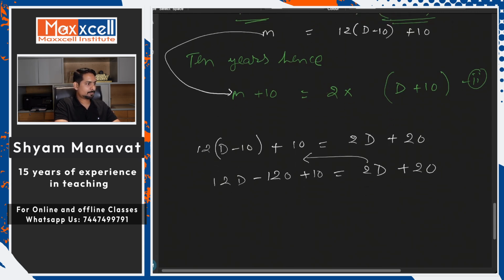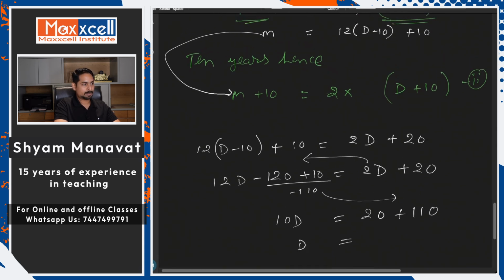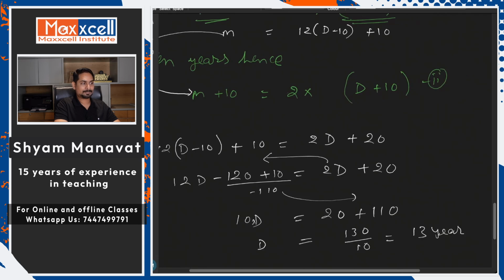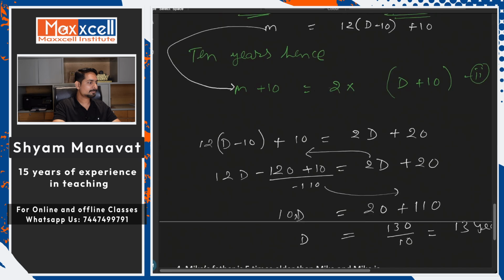Minus 120 plus 10 becomes minus 110, right? Take to the other side, 12D minus 2D is 10D, 20 plus 110 is 130. I take this 10 to the other side, divide by 10, D is 13 years old at present. At present, 13 years old, right?